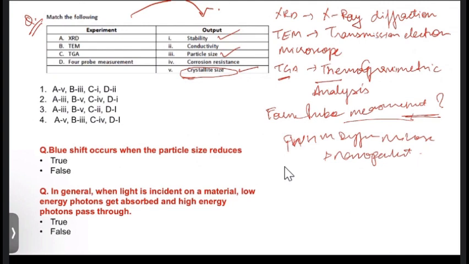Four-probe measurement is used for conductivity. It tells us about the conductivity of the sample. How do we perform four-probe measurement? And the last of the remaining, corrosion resistance, does not match any of them. I will come to four-probe measurement later. Let's see which option is correct first.